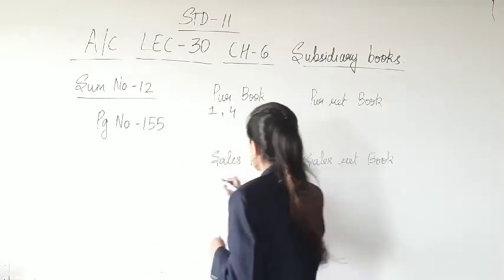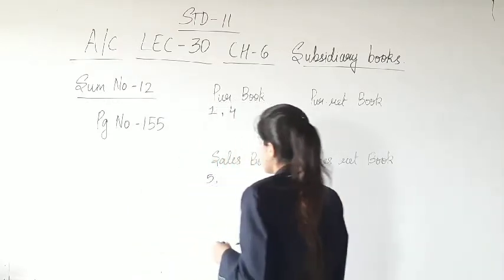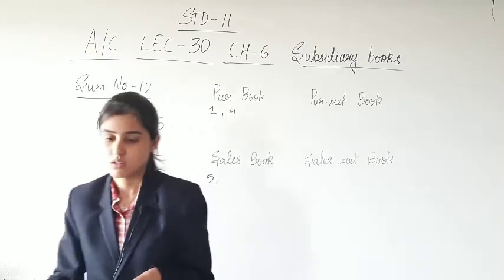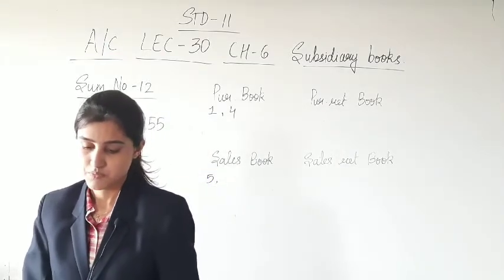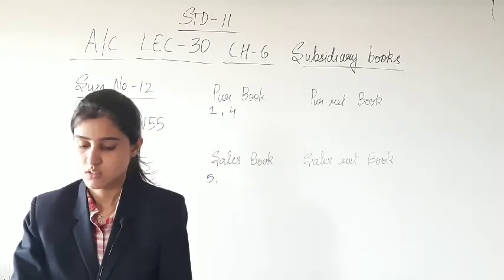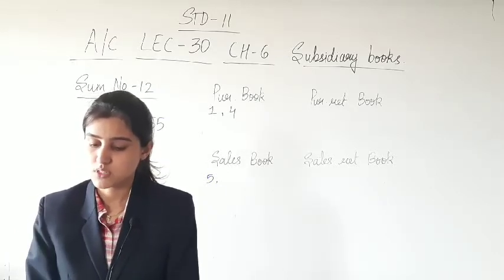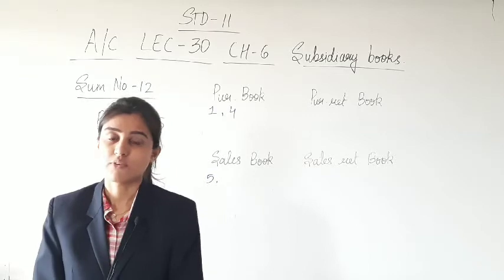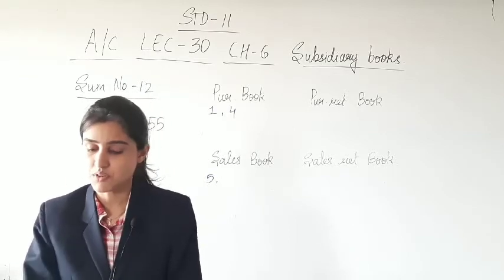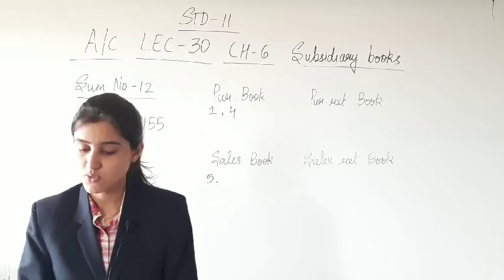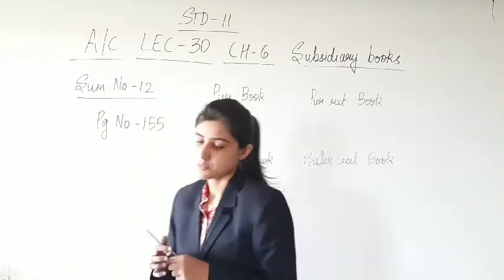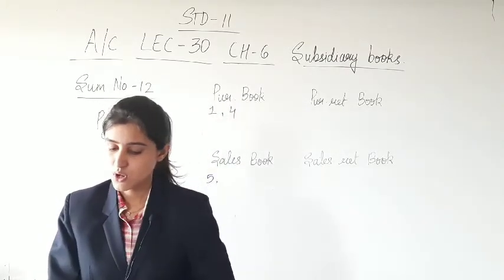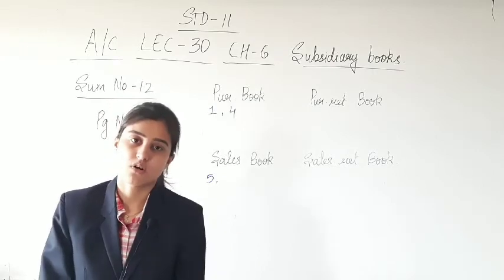So, in sales book, goods of rupees 15,000 at 5% trade discount. 5% of 15,000 is 750. So, the net amount of goods is 14,250. And of course, cash discount is not to be recorded.